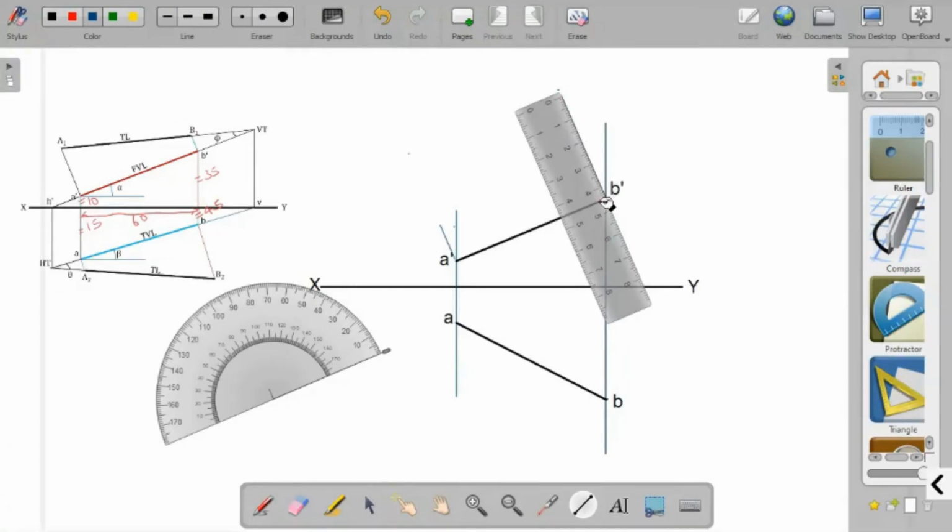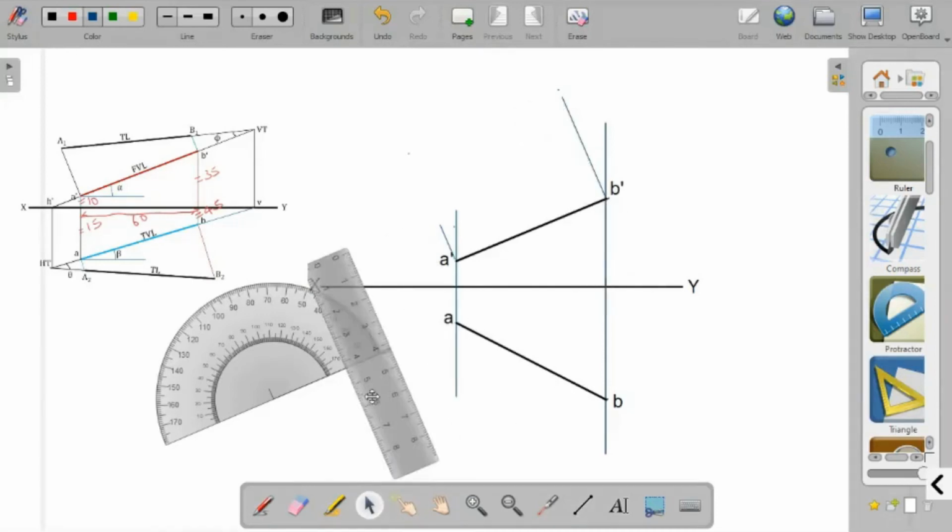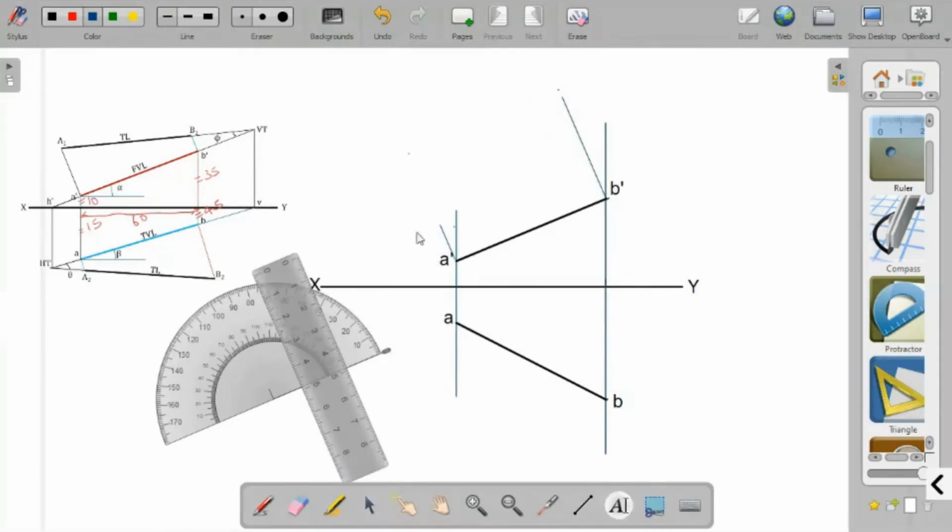So this is point B1. So here it is point A1, and here is point B1.